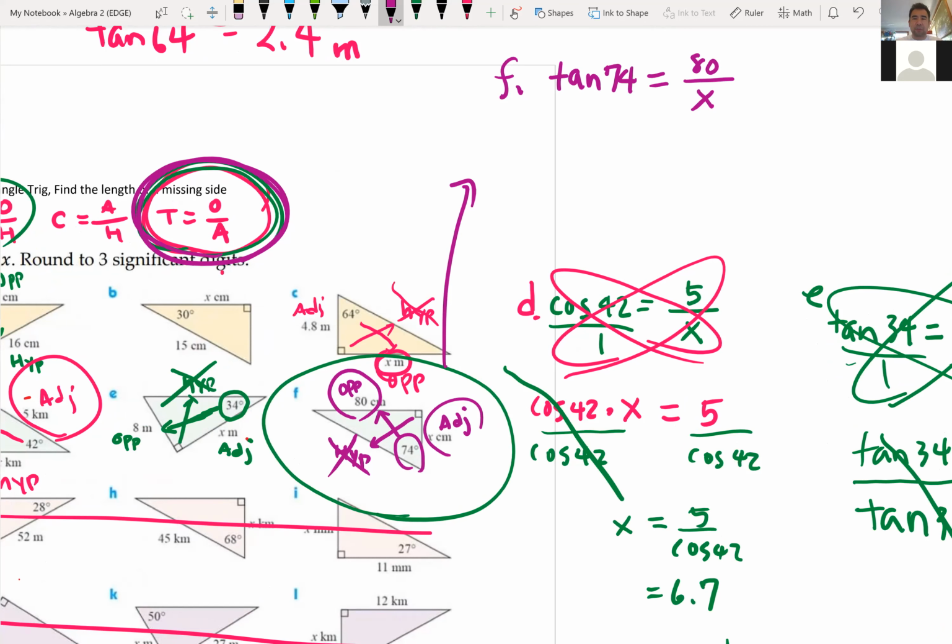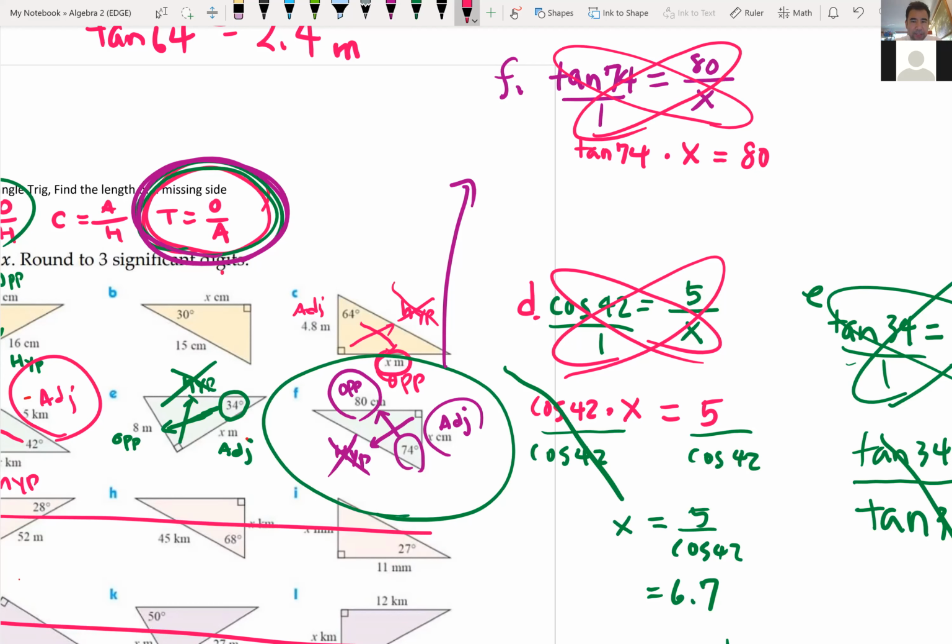And we are going to cross multiply. So we've got tangent of 74 times x equals 1 times 80, which is just 80.